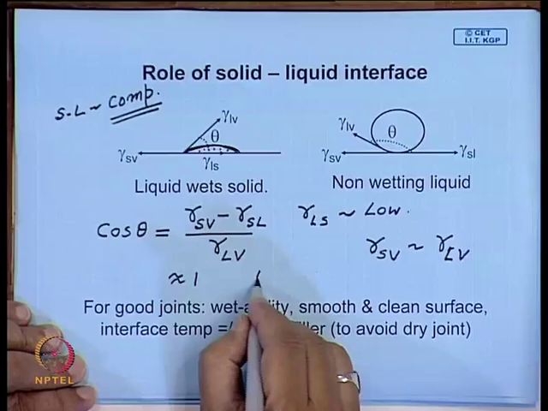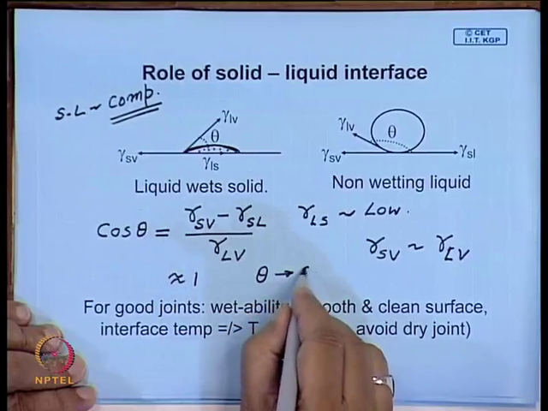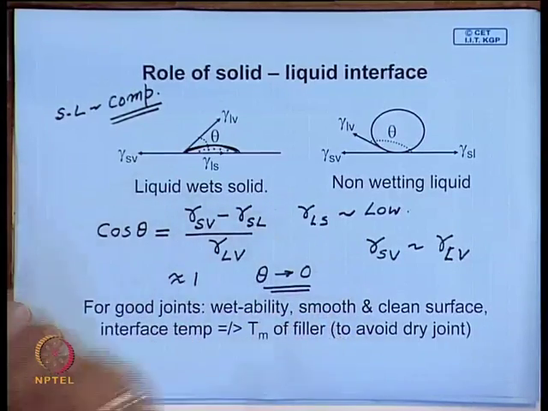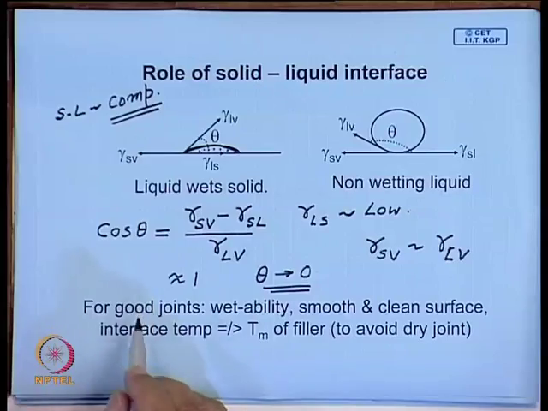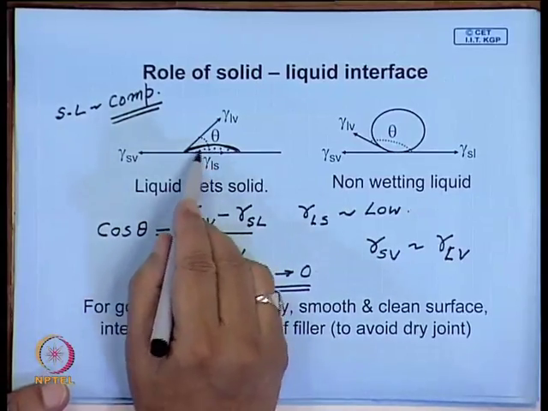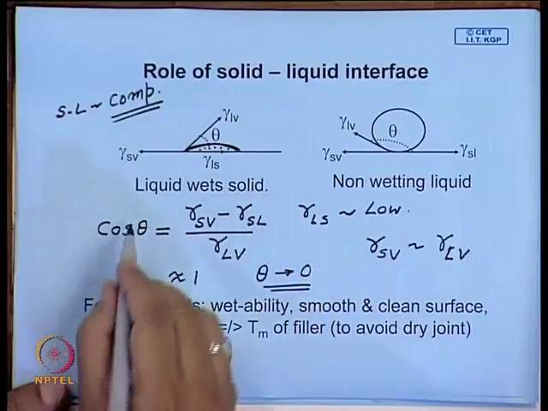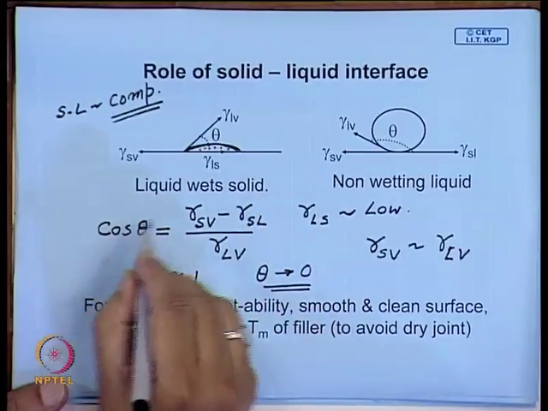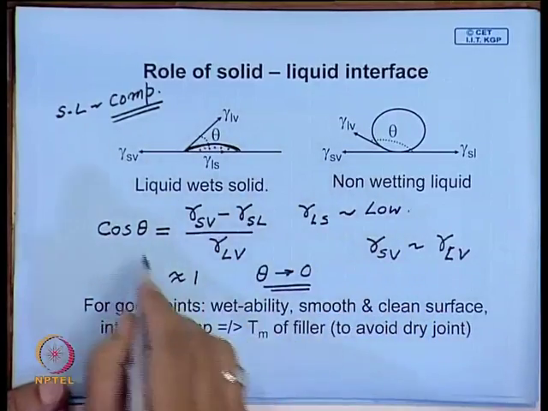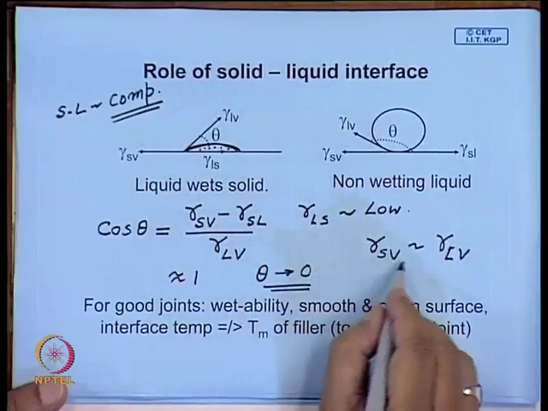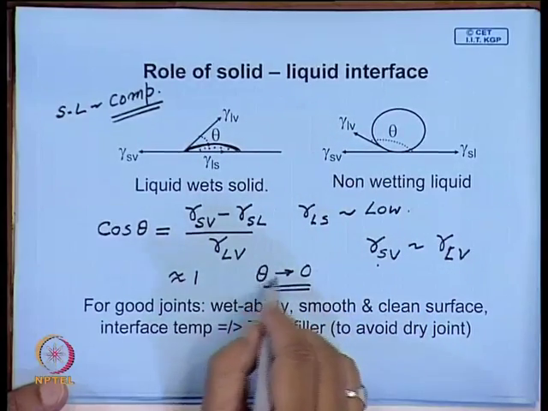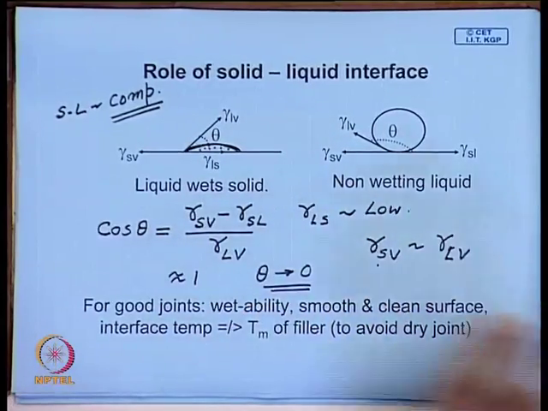Therefore, theta will approach 0. So, in welding this is assured, whereas in other cases you have to select the metal that you join, and the choice of filler metal is also quite important there. In this case, you have to select such a metal so that it wets the surface.